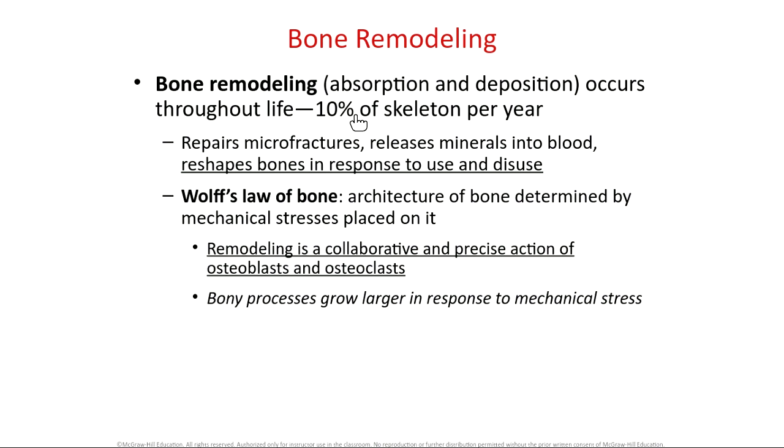So basically about 10% of the skeleton per year is actually remodeled completely, all right, due to the activity of osteoblasts and osteoclasts. Osteoclasts will do a normal level of breakdown of bone tissue, and osteoblasts will do a normal level of bone deposition, all right, and they just work together. Okay, so yeah, you're getting a replenishment of bone tissue throughout life a little bit.